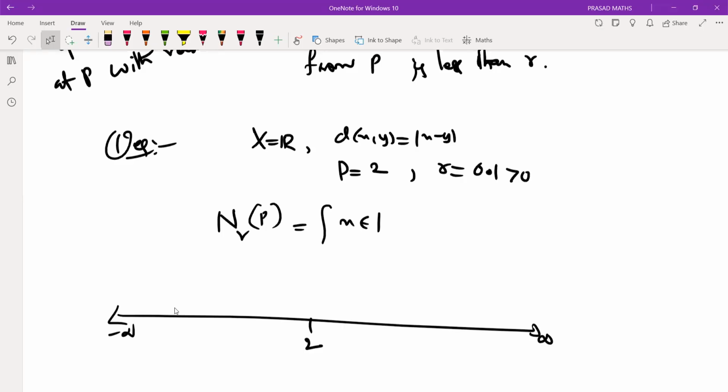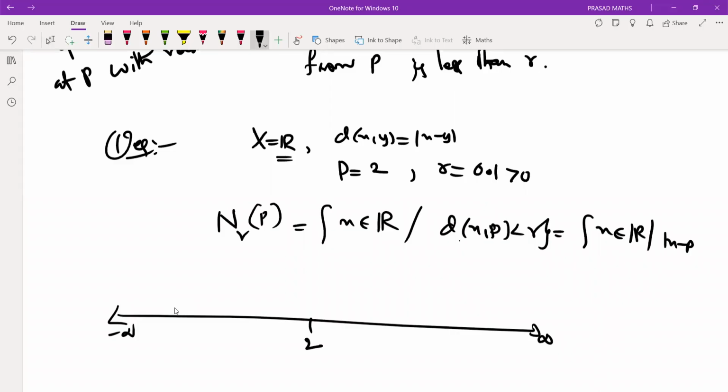So neighborhood of a point P with radius R, the definition is the set of all points in the real line whose distance from x to P is less than R. The distance between x and P, mod of x minus P, is less than R. When you solve this, what you get?